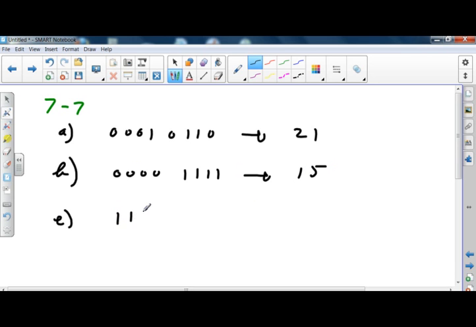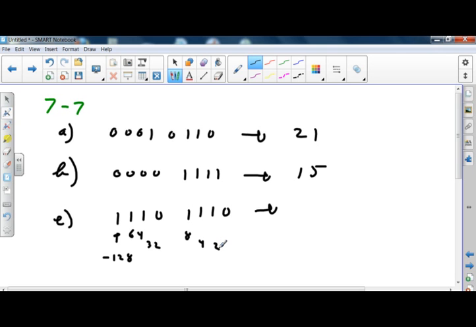1, 1, 1, 0, 1, 1, 1, 0. All right, so this is the minus 128th place. This is a 64, a 32, an 8, a 4, and a 2.